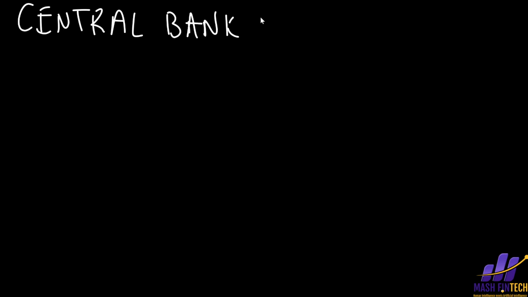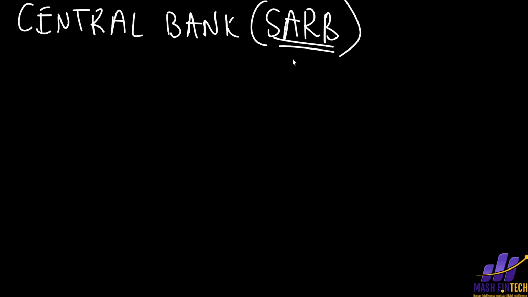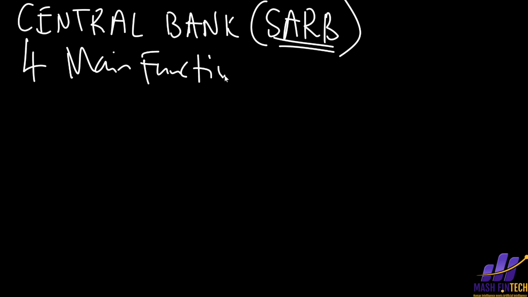So you don't get confused, I'll just put SARB here, which means South African Reserve Bank. This South African Reserve Bank performs 4 main functions. So there are 4 main functions that the Reserve Bank performs.